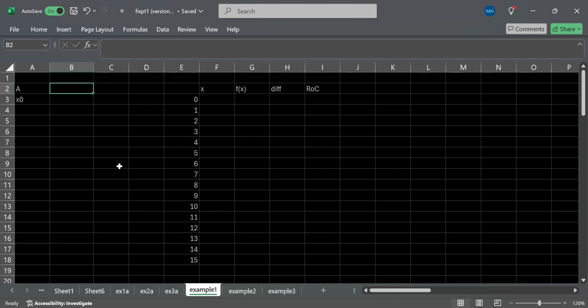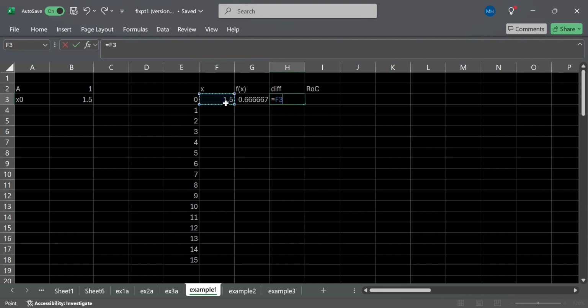Well, we'll choose the parameter a. We'll just choose 1 just to make it simple. We'll choose x0 equal to 1.5, and then the formula is a over f of x.